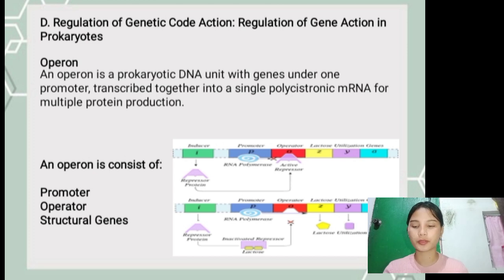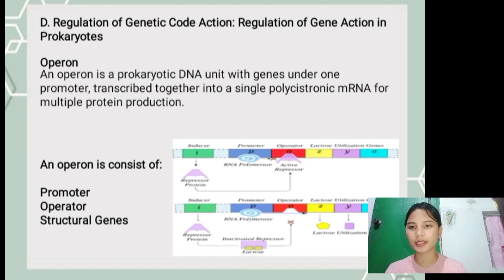Now let's move on to the regulation of gene action in prokaryotes. Prokaryotic gene regulation primarily occurs at the transcriptional level, controlling which genes are transcribed into mRNA and subsequently translated into proteins. This precise control ensures efficient resource allocation, preventing the synthesis of unnecessary proteins.